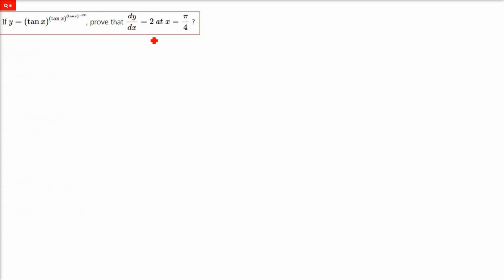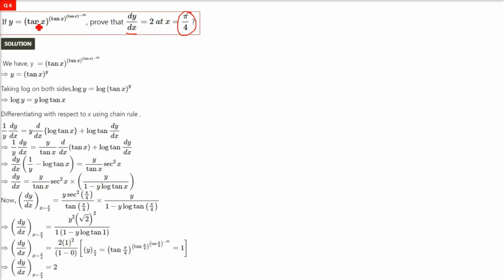Same thing here. So dy by dx at pi by 4 has to be equal to 2. That you have to prove. We'll find out the differentiation and just put the value wherever x is pi by 4. So this whole is y. So you can write y equals tan x to the power y.